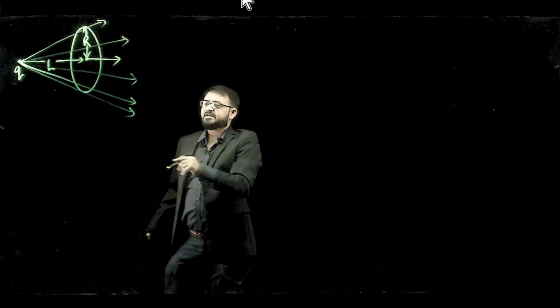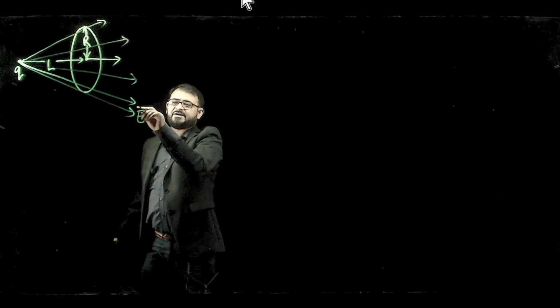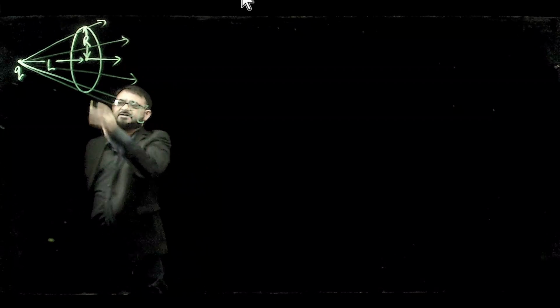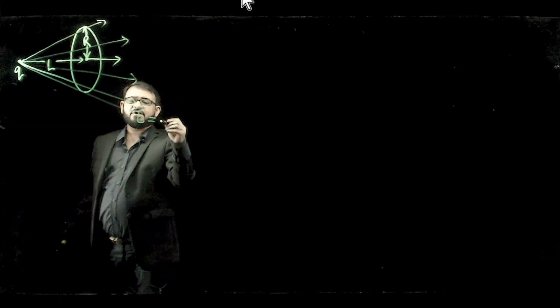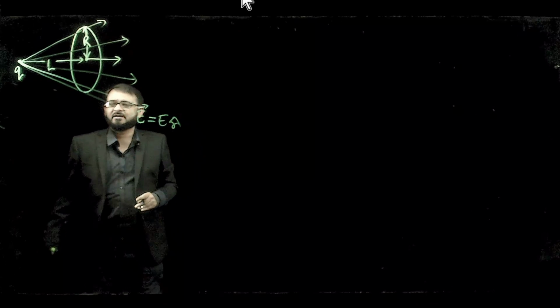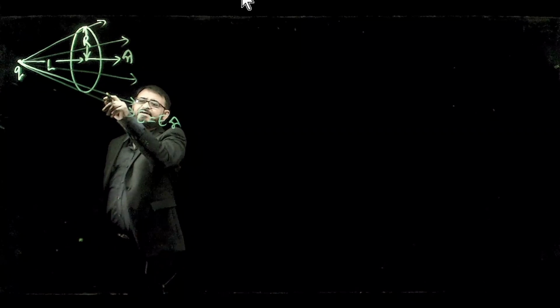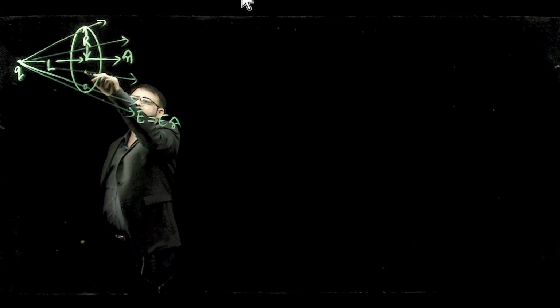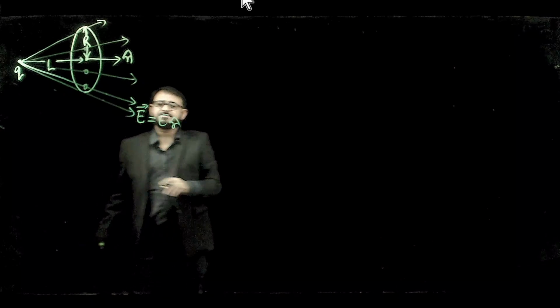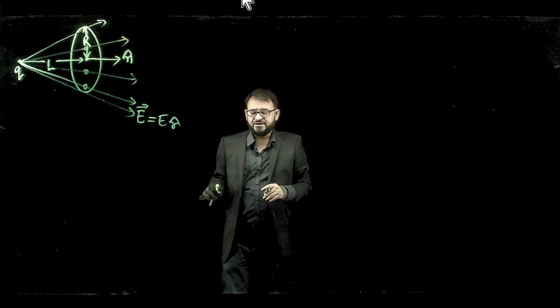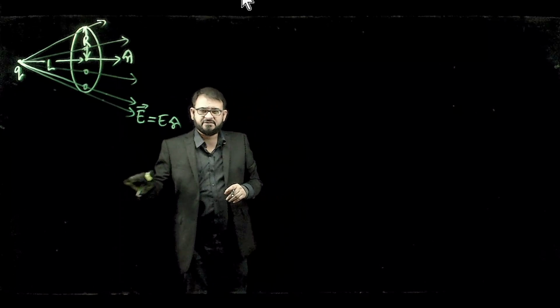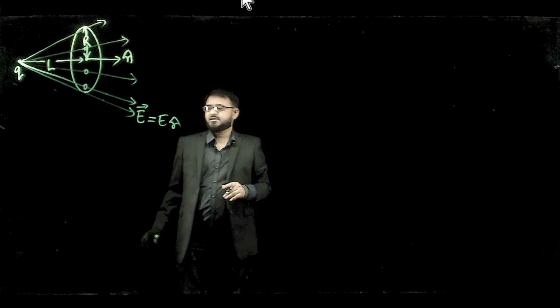Another thing is, the electric field is radial, so at a distance it has some magnitude, say E, but it is radial. The area vector, on the other hand, has a normal in this direction. So corresponding to each field line at each spot on this surface, the angle is changing. So we cannot solve it in a simple way.